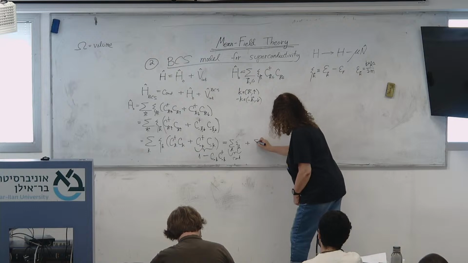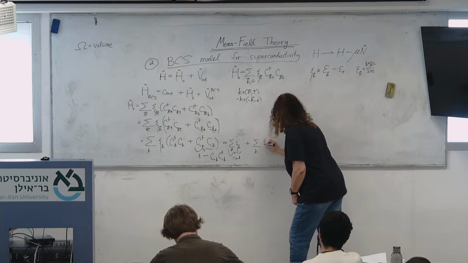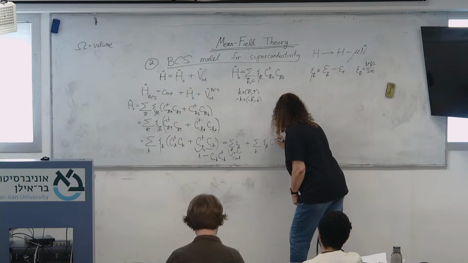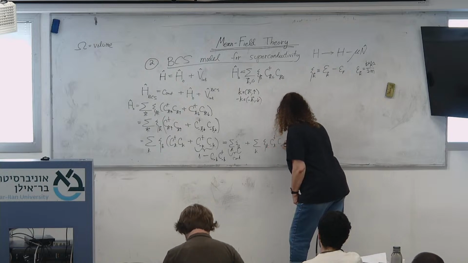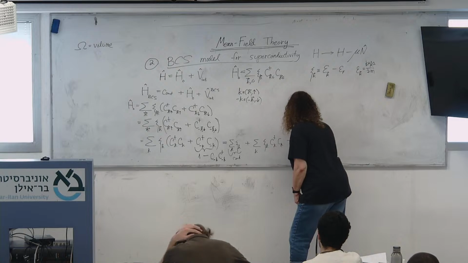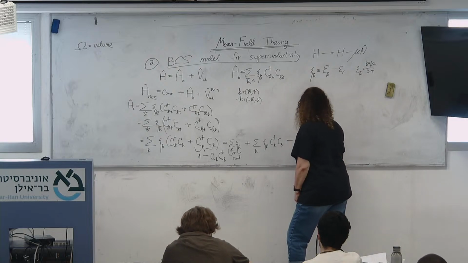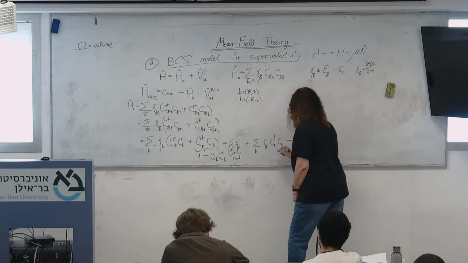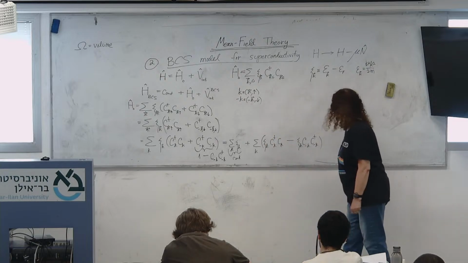So it's going to be a sum over k of psi k c dagger k c k minus psi k c minus k c dagger minus k. Okay?